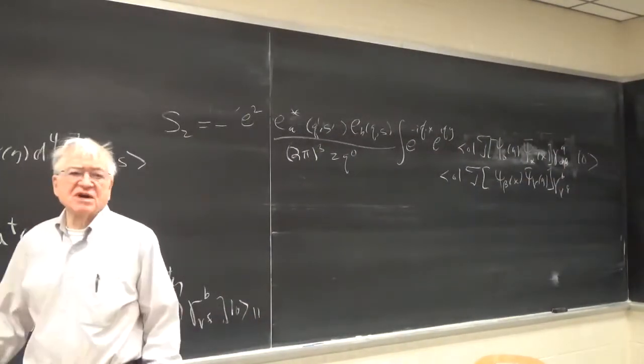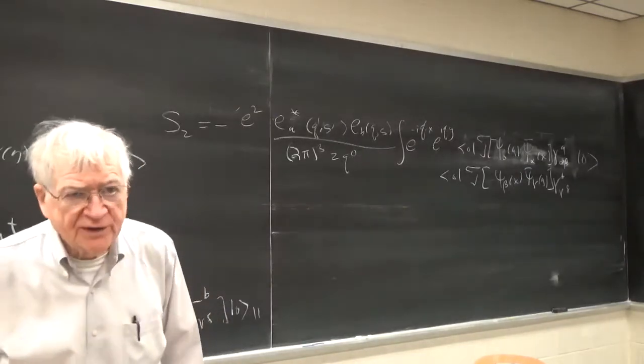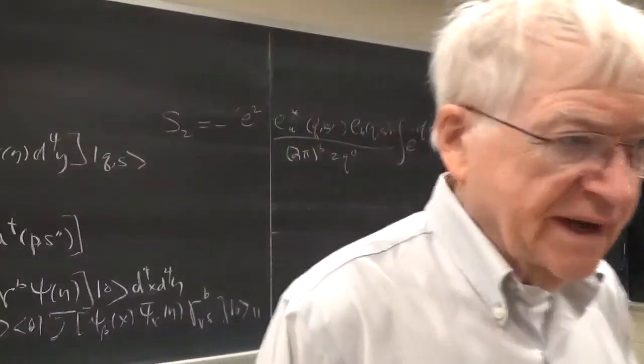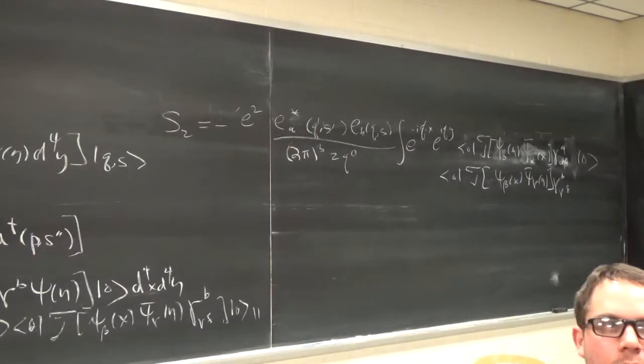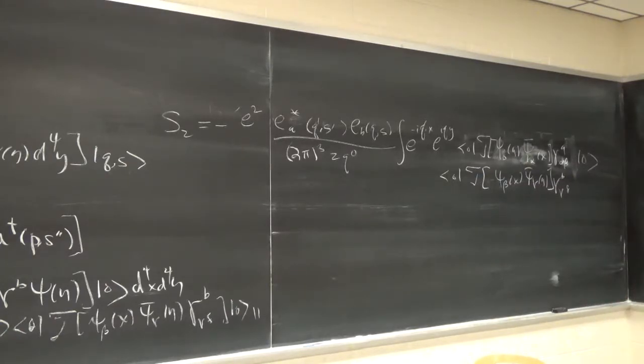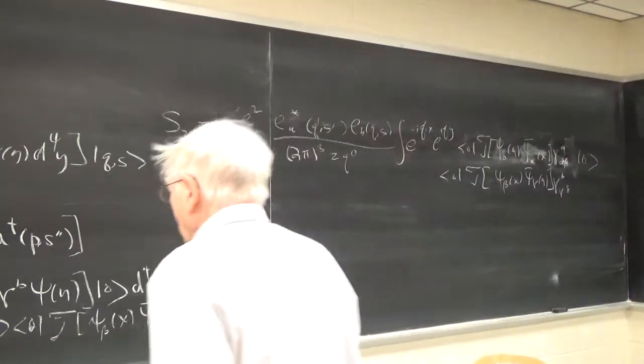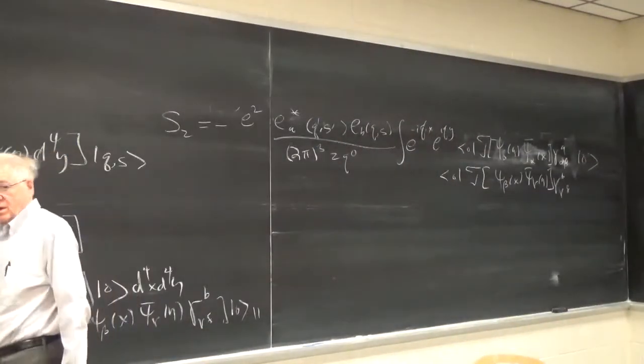Well, because that would be 0, because it's normally ordered. Yeah, you'll overcount by 3 terms if you don't have normal ordering, right? So the normal ordering avoids that kind of thing.